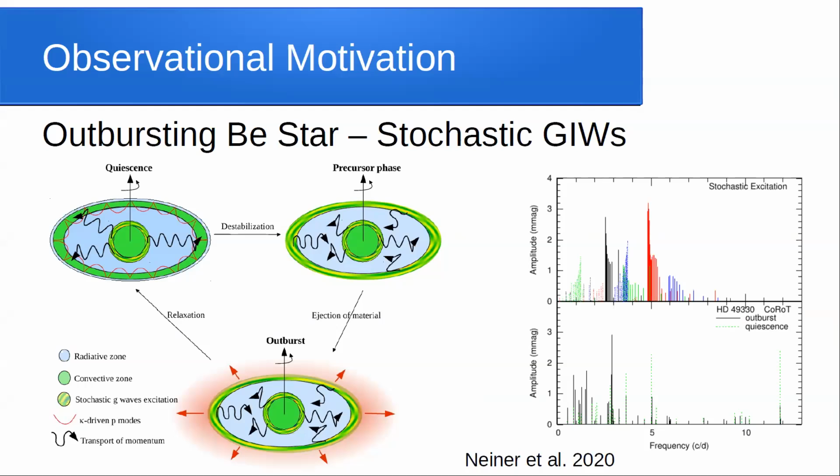This work is between Coralie Neiner, myself, Stefan, Umin Lee, and Casey Lovekin. The idea here was that there was a particular star, HD 49330, which exhibits occasional outbursts. I think they're relatively periodic, but I'm not entirely sure about that.